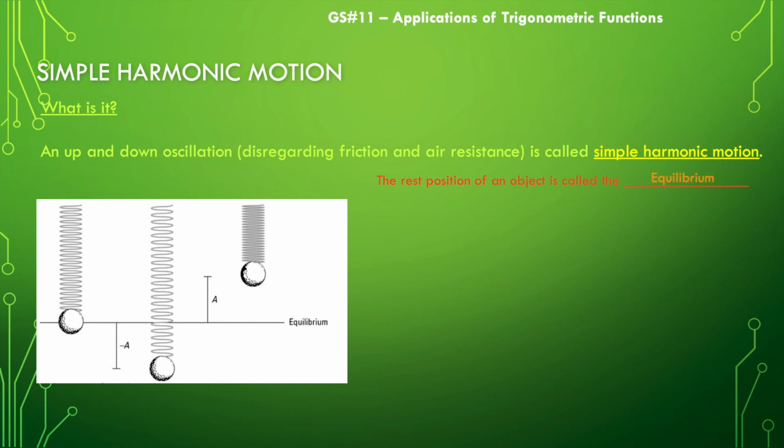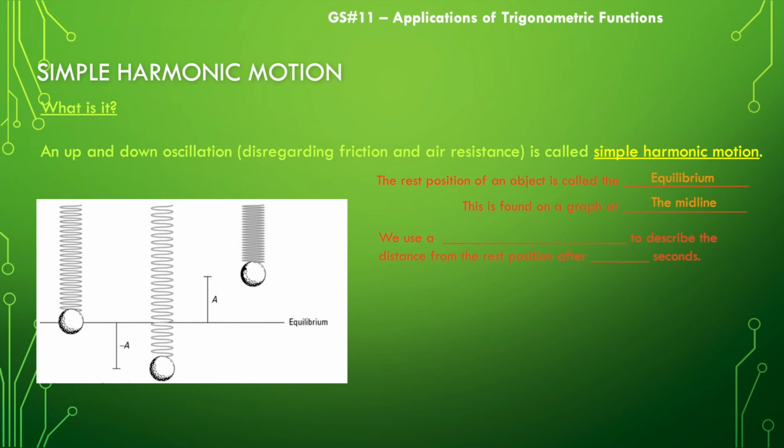We find that at the midline of a graph. As you may have noticed, this is going to be going up and down and up and down, kind of like a sine or a cosine graph, right? And so the equilibrium position of an object is at the midline on the graph.